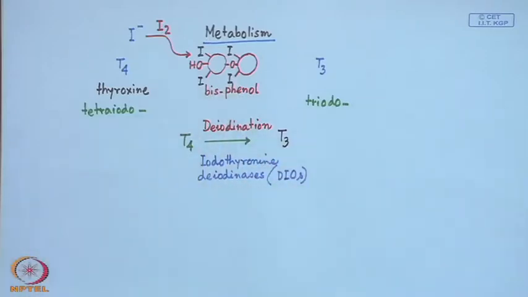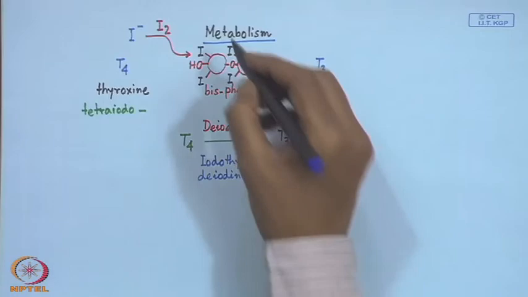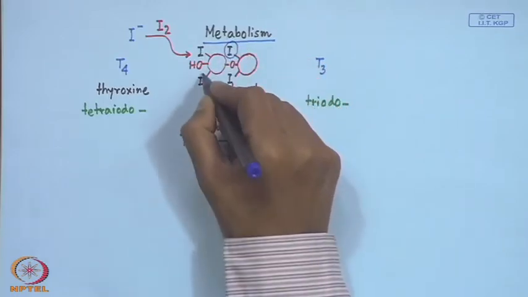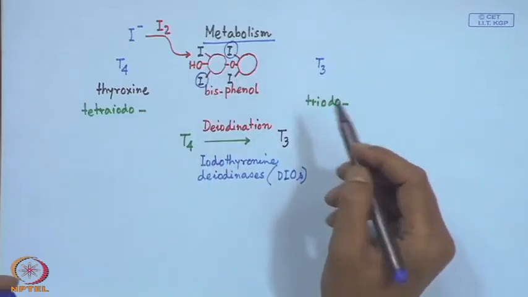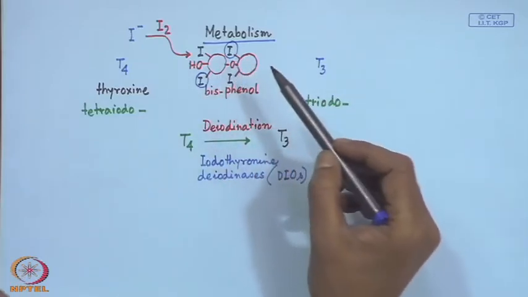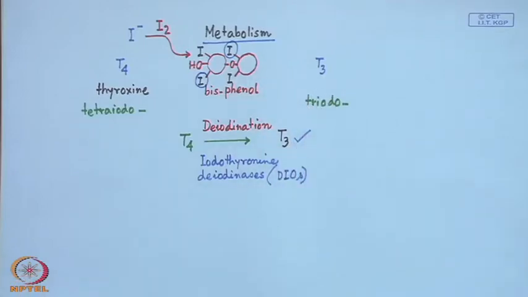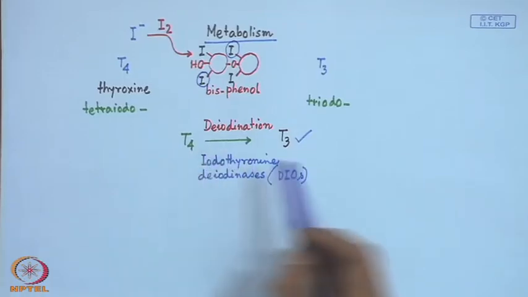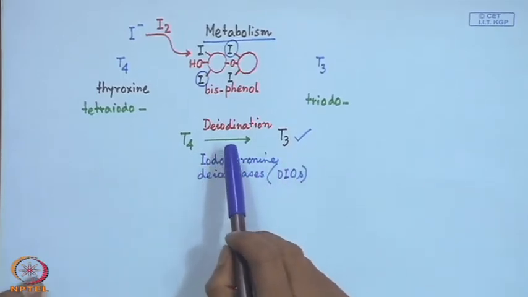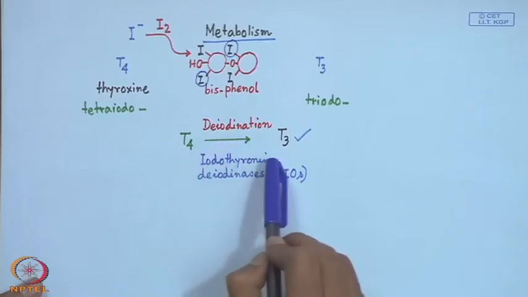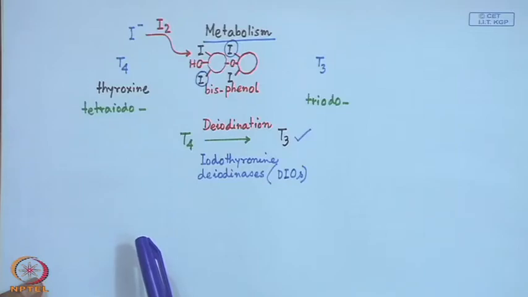So, we can have the possibility that I can be removed from this ring or from that particular ring. The removal of I from one particular ring, which leads to the generation of T3, is the most acceptable reaction for this pathway. That means the deiodination path for the conversion of T4 to T3 is therefore very important.